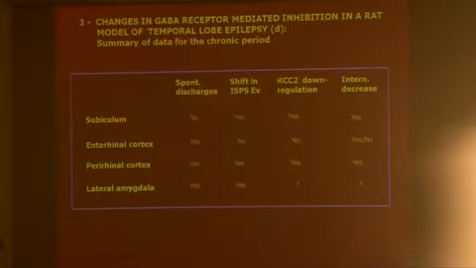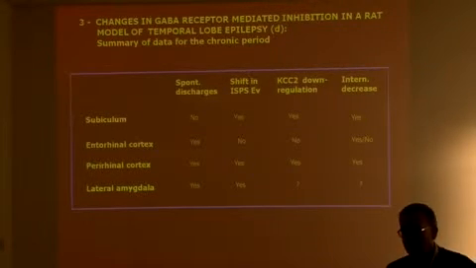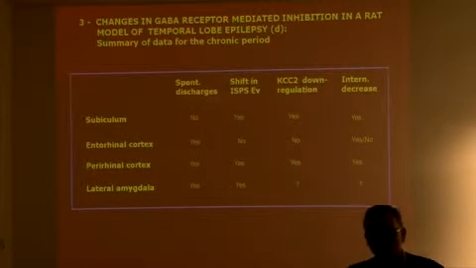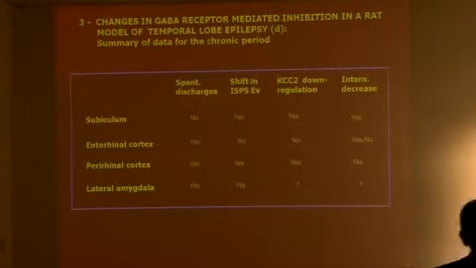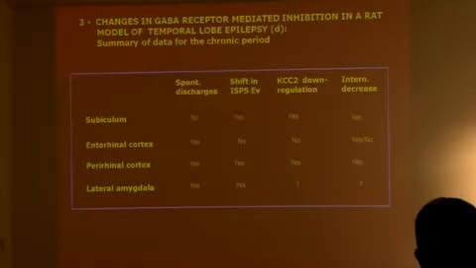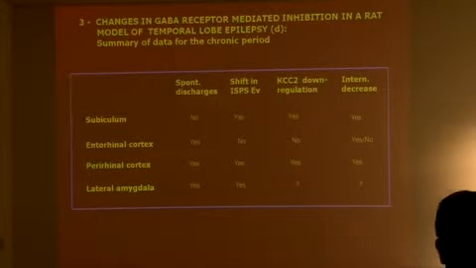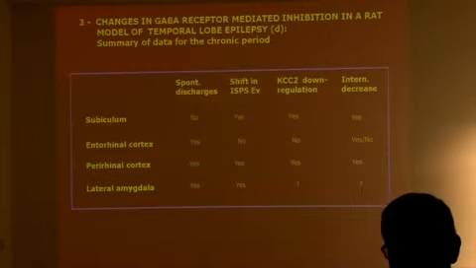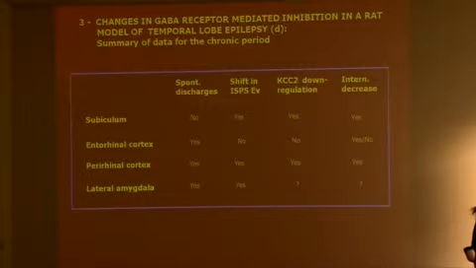And you have also an interneuron decrease in number, as shown also by Buckmaster and other authors around the world. So basically, in this chronic model, during the period of recurrent seizures, there is somehow an increase in excitability and a decrease of several parameters indicating the function of GABA inhibition.